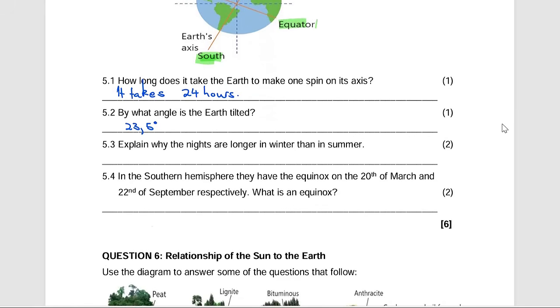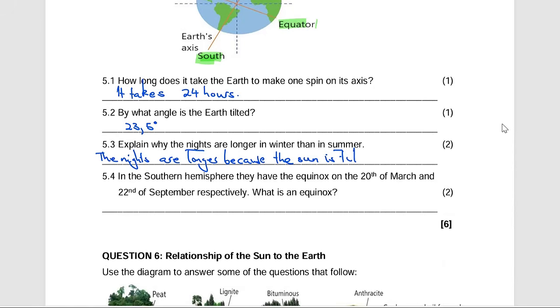Then moving on, it says, explain why the nights are longer in winter than in summer. So why is it that we have longer nights in winter than in summer? The nights are longer because the sun is tilted away from the earth.